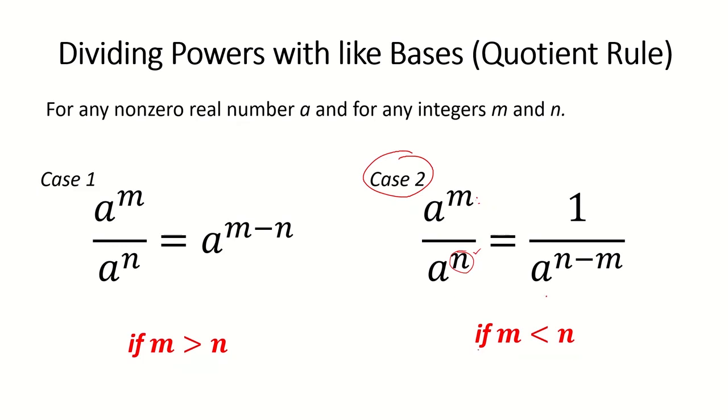This happens if the m in the numerator is less than the n in the denominator. So instead of putting the a in the numerator, we put the common base in the denominator. What will be left in the numerator? Just a 1.